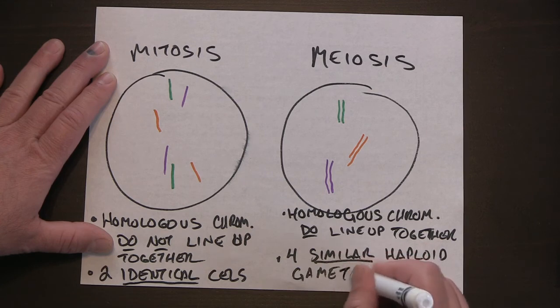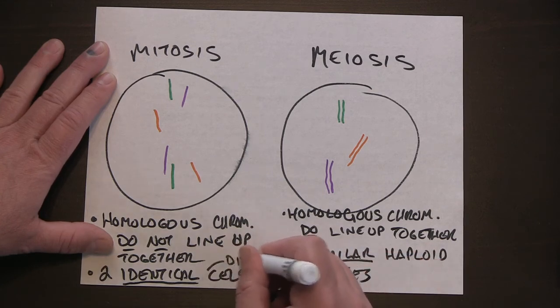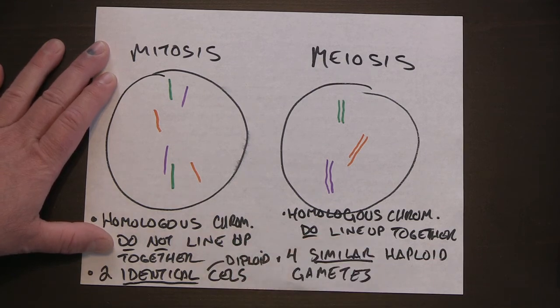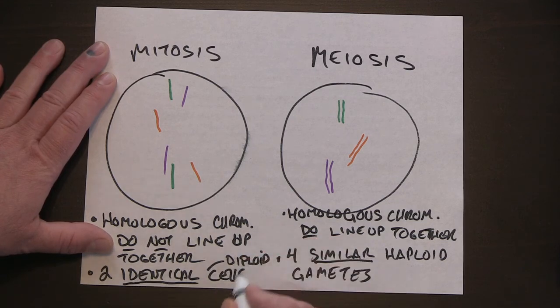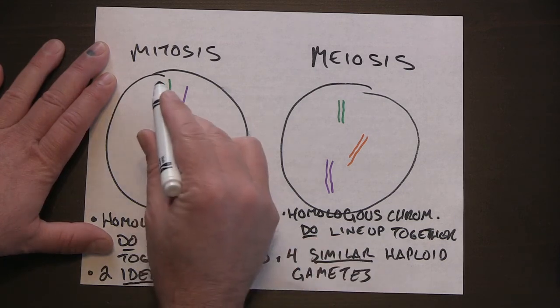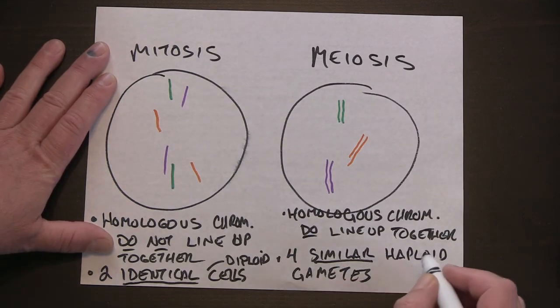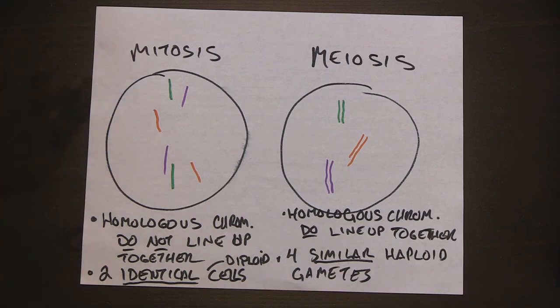And then these are diploid cells. That's another important difference. 2 identical diploid cells in mitosis. And in meiosis, we're creating 4 similar but not identical haploid gametes. Okay, it's a big distinction between those 2.